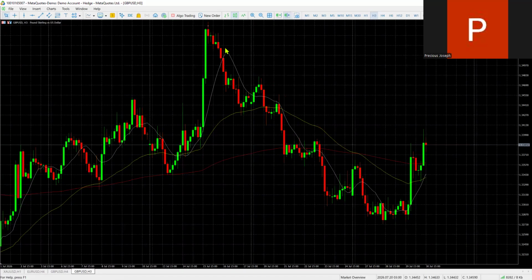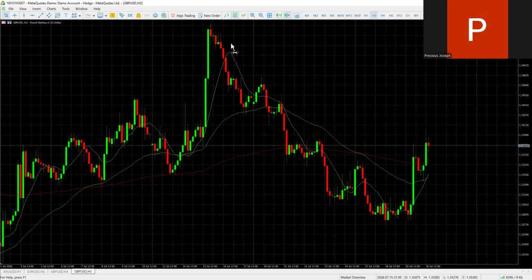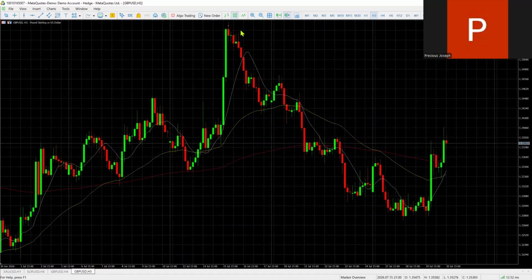Now we're going to draw a trend line here. What happened there? Going to draw our trend line here, and then automatically we can see that there are two touches, there are three touches, so we'll extend it into the future.